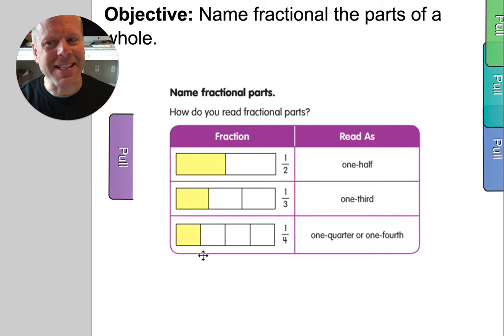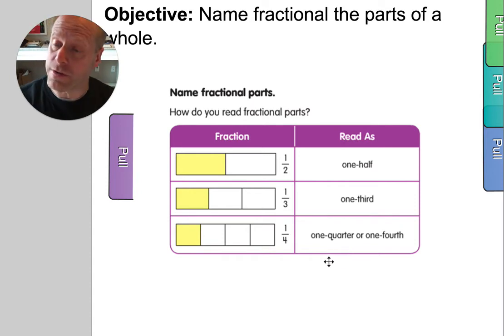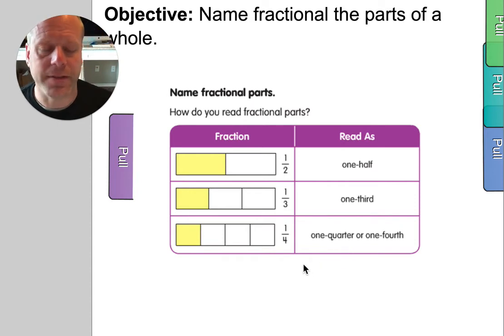And that's because it connects a little bit to money or to time, because we've taken something and broken it into 4 equal pieces. And there's something special about that, where we see that as quarters, right? Half of a half. So these are special names.